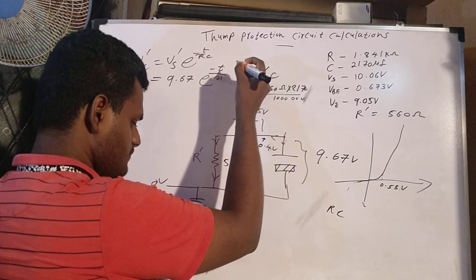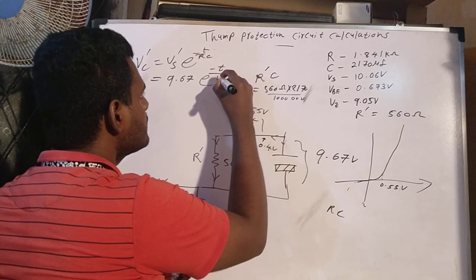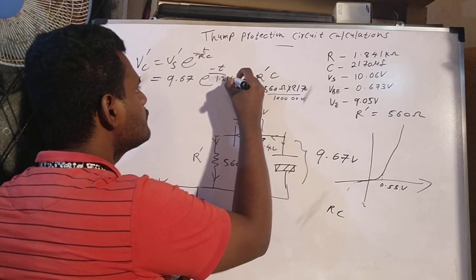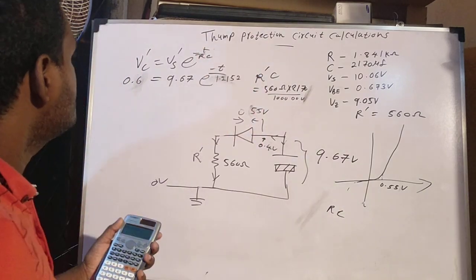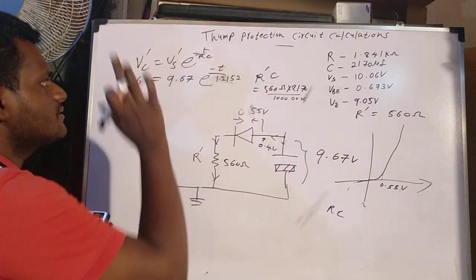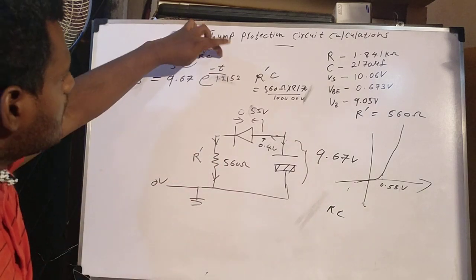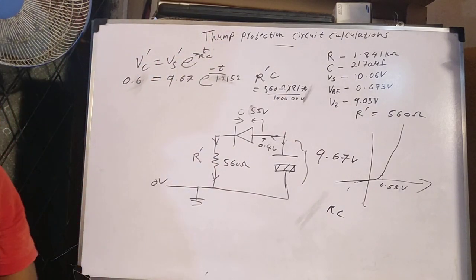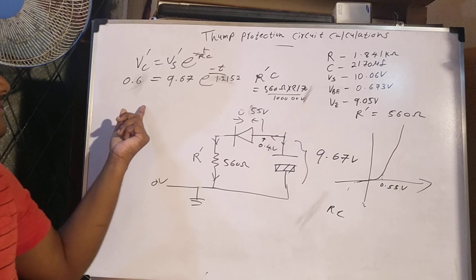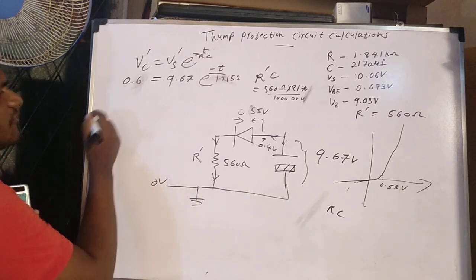I'm writing here 1.2152. So now we can easily find minus t divided by this.